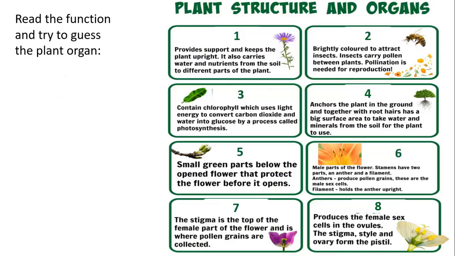So now let's take a look quickly at some of the plant structures too. The part of the plant that keeps the plant standing upright, the organ that supports the plant and contains all the support and transport tissues, is the stem. And the part that is colorful to attract insects that act as pollinators, because they will carry the pollen grains from the male to the female, these are the petals.